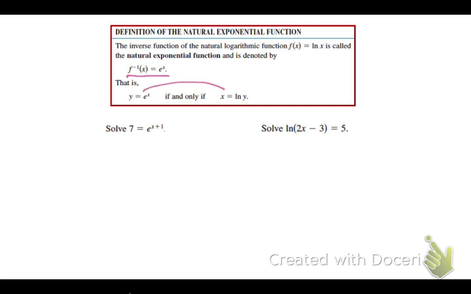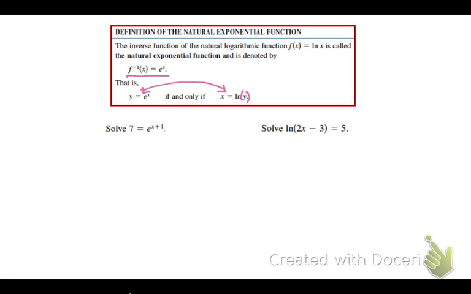We know that we can go from here to here. So we have y equals e to the x, which is x equals the natural log of y. That is changing from one form to the other. In pre-calc, when we solved these things, we switched forms.